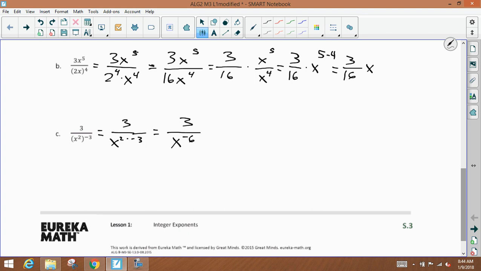We can further simplify this because x to the -6 is the same as 1 over x to the 6. Actually, let's write it like this instead, and then it'll look better. I think it's nicer, if I'm going to use the property of exponents, to separate out the thing I'm using the property on. That way it doesn't get jumbled up.